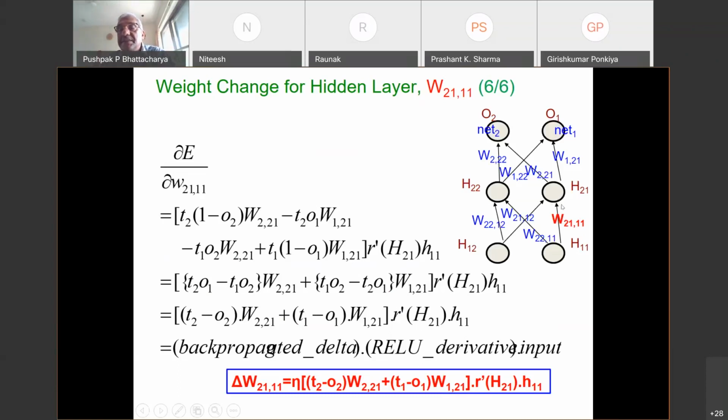This parameter influences the input to the neuron H21, which influences the output going from H21. That output influences all the net inputs going to the next layer. All those net inputs influence the outputs in that layer, and that output influences the error function. So if this is the chain of influence, then the chain of error will follow only the backward path.